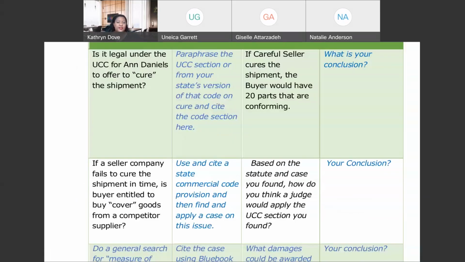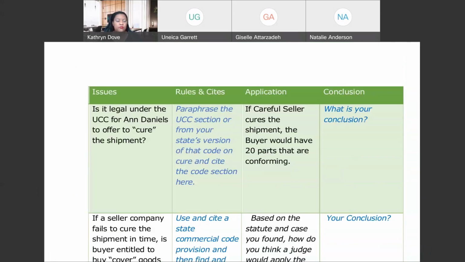So let's get back to the IRAC table. IRAC stands for issue, rule, your application of the rule to the facts, where you reach a conclusion. That's how we do legal analysis. It is very logical and it's very rule centered.